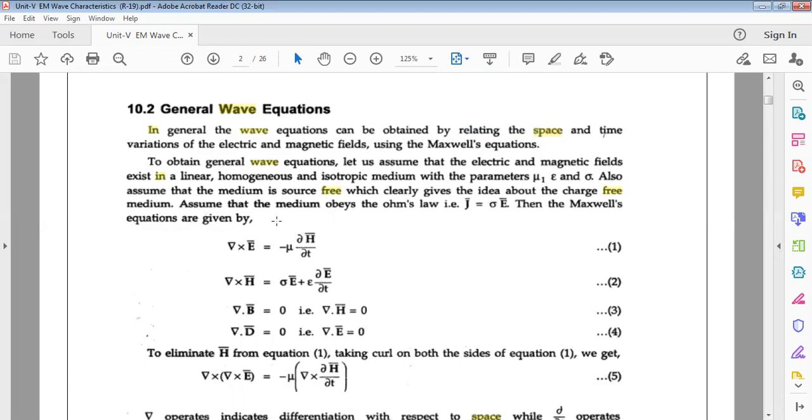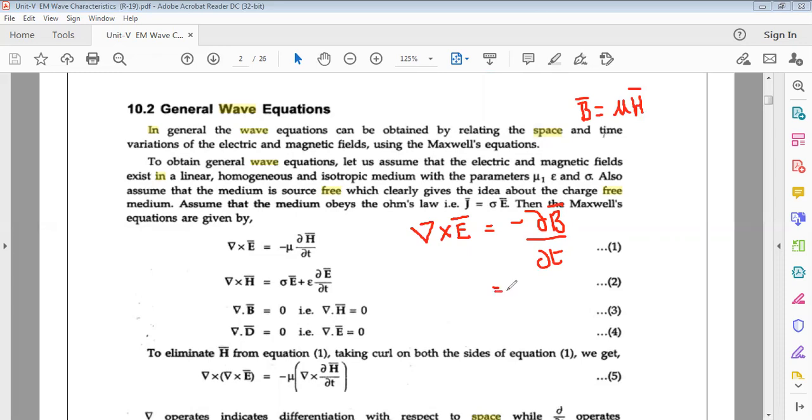Then, one of the Maxwell's equations, the Faraday's law: del cross E bar is equal to minus dou B bar by dou T. The relation between B bar and H bar is B bar is equal to mu into H bar.